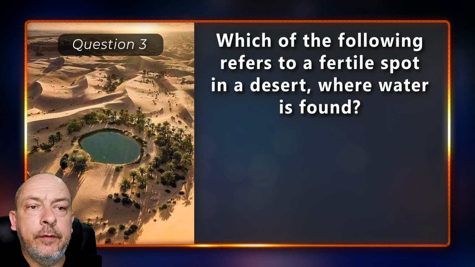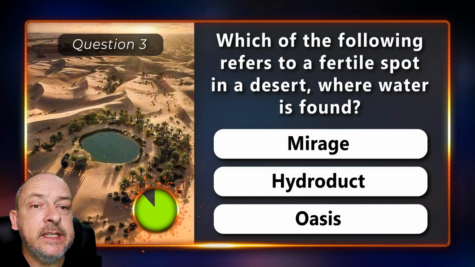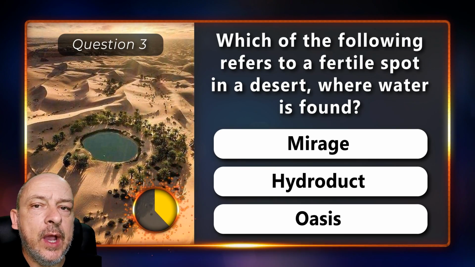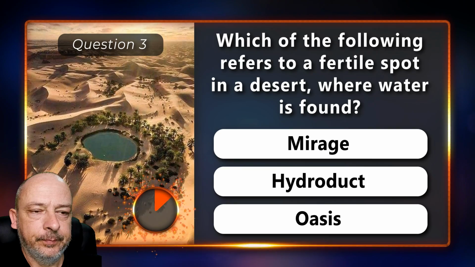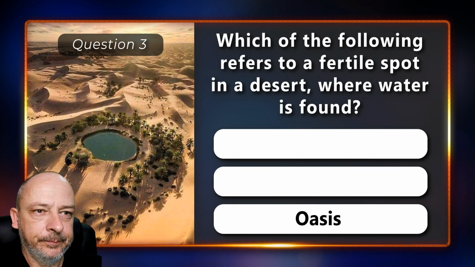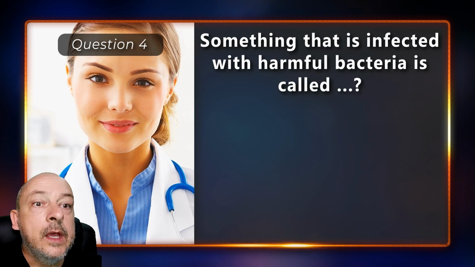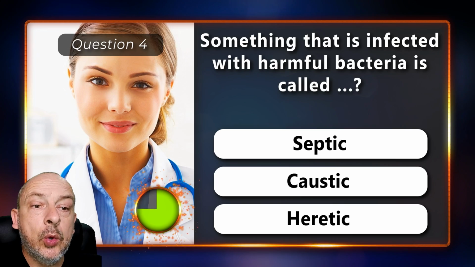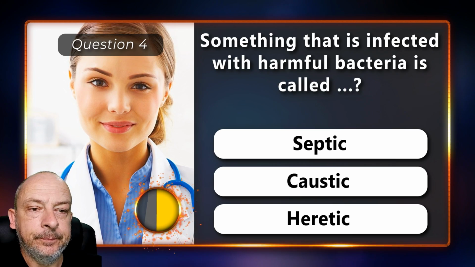Which of the following refers to a fertile spot in a desert where water is normally found, a mirage, a hydroduct or an oasis? An oasis. Something that is infected with harmful bacteria is called septic, caustic or heretic.